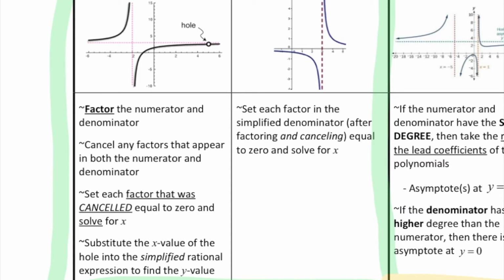Because if you substitute it in before it's canceled, you're going to make the denominator 0, which you can't have. But if you substitute it in after, you are solving for y with everything that's left. Any value that would make the denominator 0 that doesn't cancel with anything in the numerator is automatically a vertical asymptote. And we're going to walk through examples of all of this multiple times.